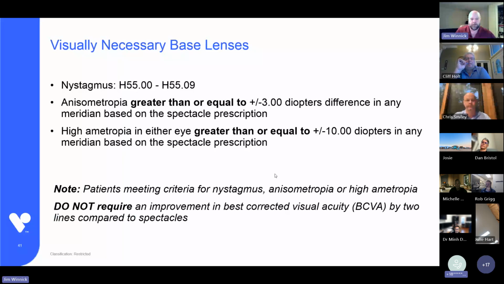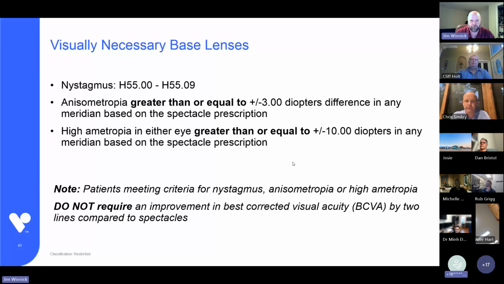Now, patients who are eligible for base lenses do not have to have an improvement of best corrected visual acuity by 2 lines compared to spectacles. This was a rule that came out a couple of years ago that got a lot of doctors confused. We're going to talk about it when we get to specialty lenses, but the refractive disorders for base lenses do not have to show an increase in best corrected visual acuity.